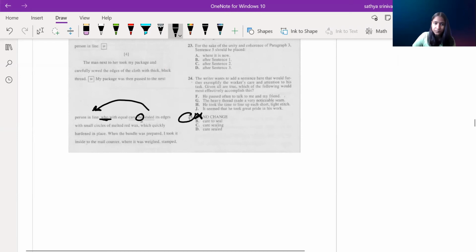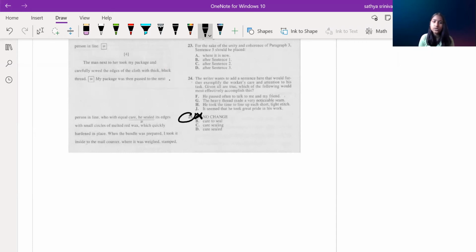Then for this one, my package, let's try B. My package was passed on to the next person in line, who with care to seal its edges with small circles of melted wax, which quickly hardened in place. Now for this one, if we just eliminated this and wrote "care to seal," this isn't an independent sentence anymore.